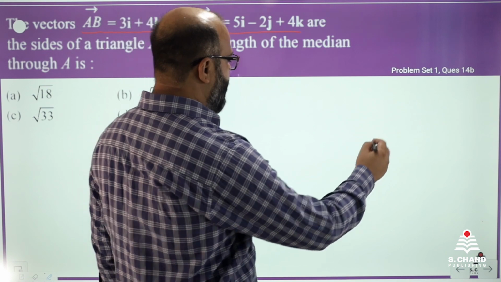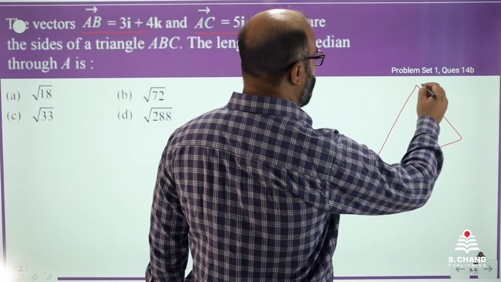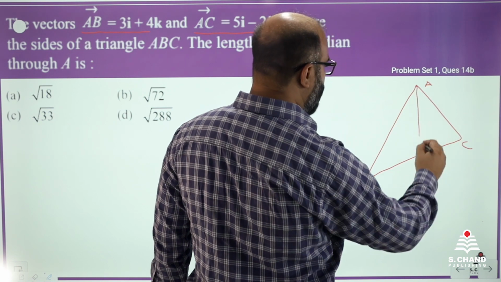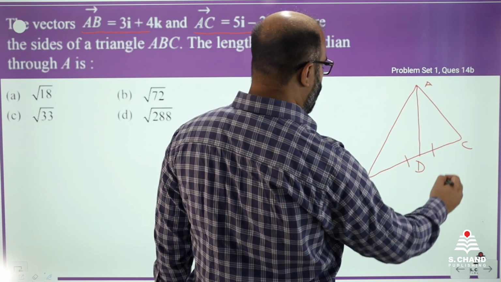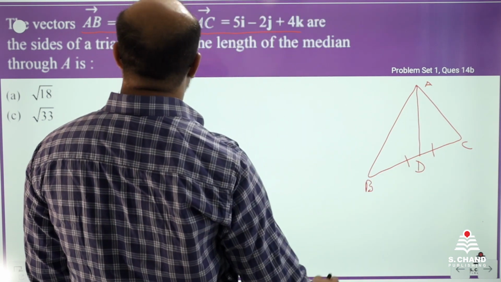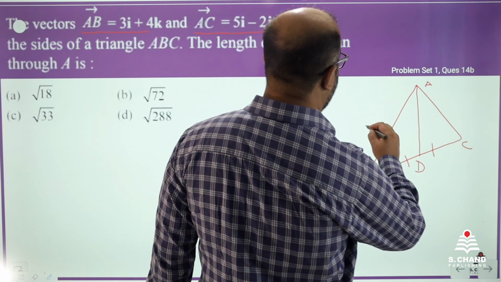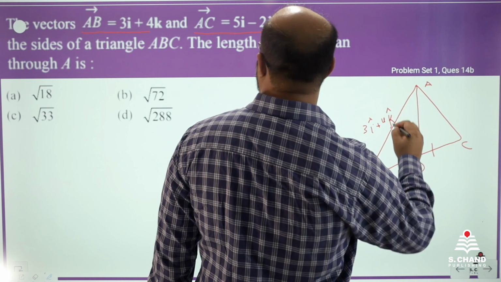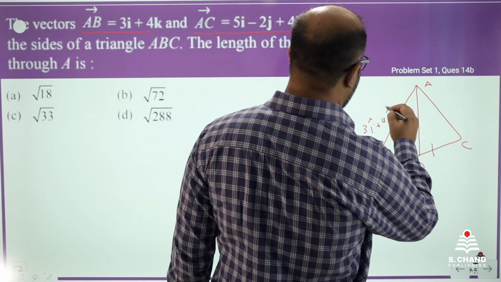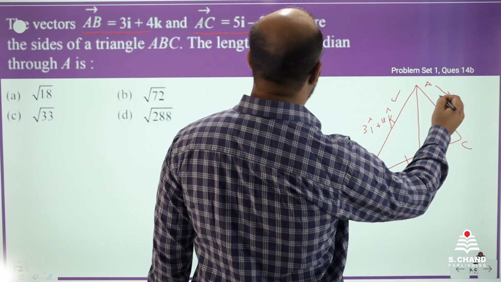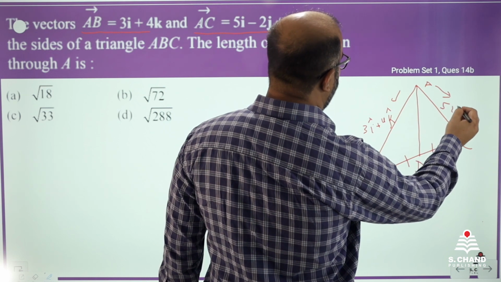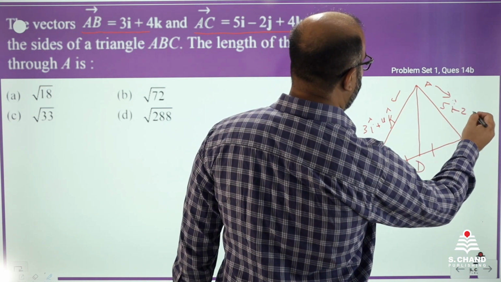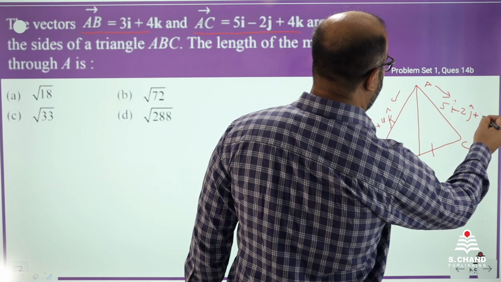So if we take this triangle ABC and the median through A, this is the midpoint, and AB is 3i plus 4k, and AC is equal to 5i minus 2j plus 4k, like this.